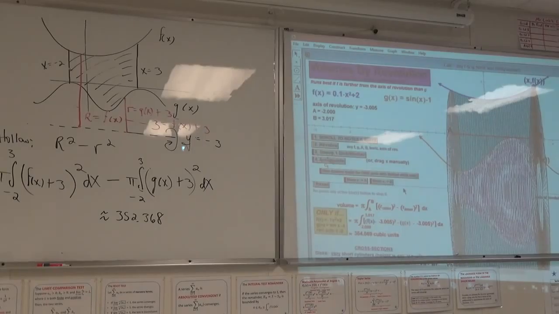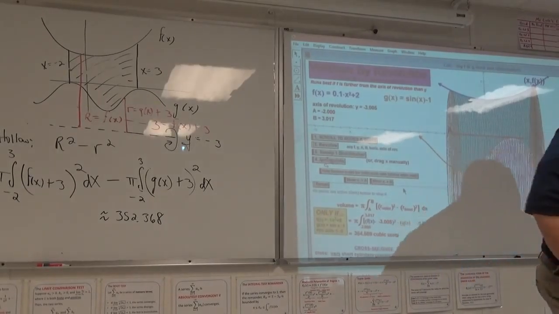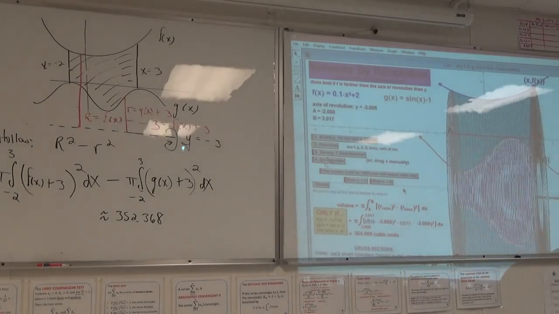Cosine of 0 is 1 or 0? Sine of x. 1. I get 2. It looks like that. It's just like sine of x.